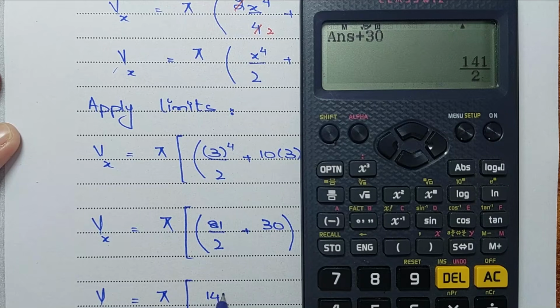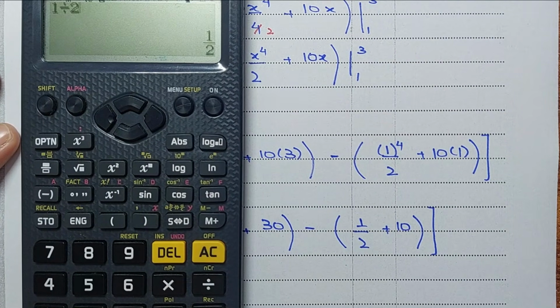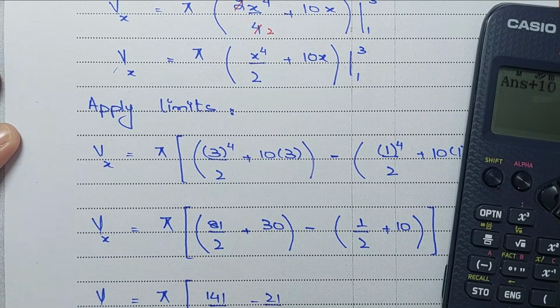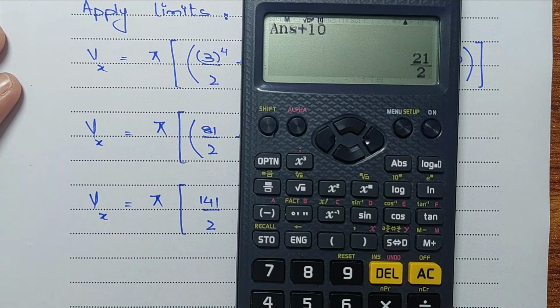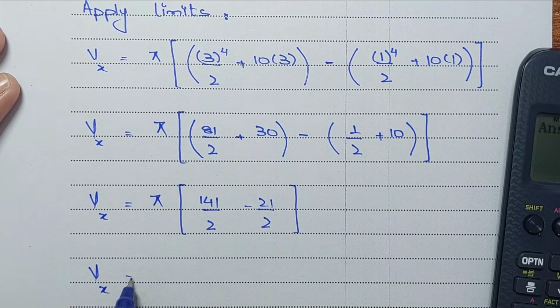This is 141 over 2, and 1 by 2 plus 10 is 21 over 2, so minus 21 over 2. 141 minus 21 is 120, divided by 2 is 60. So volume is 60 pi.